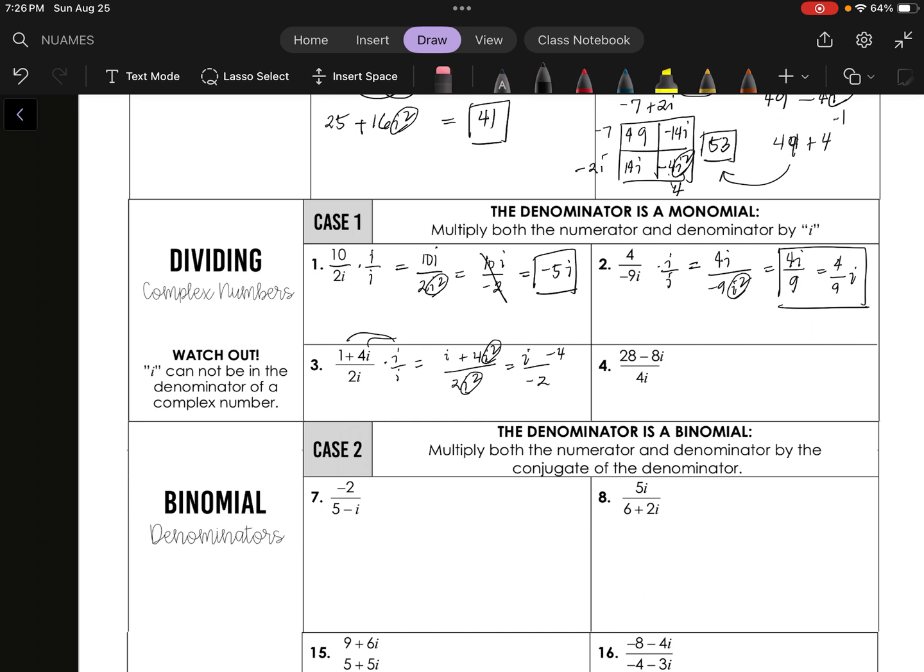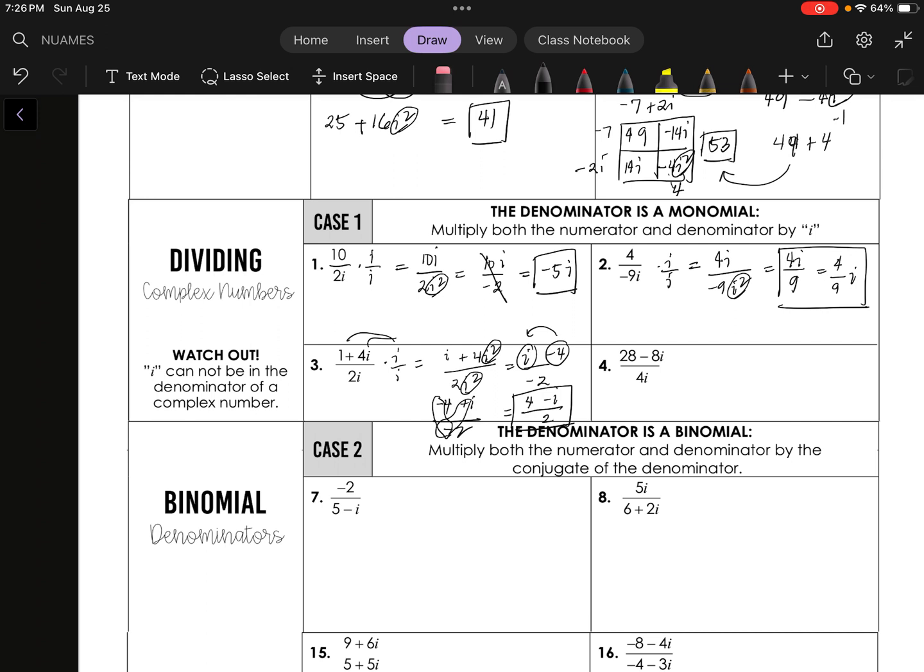Always remember, try to rewrite as much as you can the numbers in terms of a plus bi form. So remember, we should go first for the a form, which means negative 4 plus i all over negative 2. For some, if they notice that these two are negatives, they want to multiply negative for each term. So we could also rewrite this as 4 minus i all over a positive 2. Okay, that looks better.